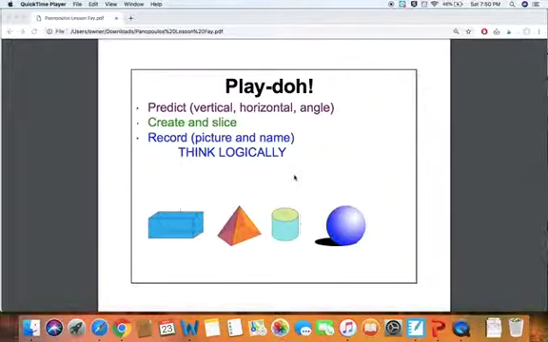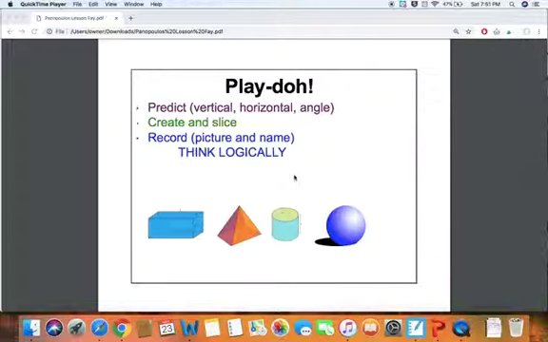All right, now here's the idea. We are going to be using Play-Doh, but before we actually use it and I create these shapes, whichever shapes you would like, I want you to predict, whatever shape you decide, if I were to slice that vertically through the shape, what type of figure would result as the cross section of that 3D figure?